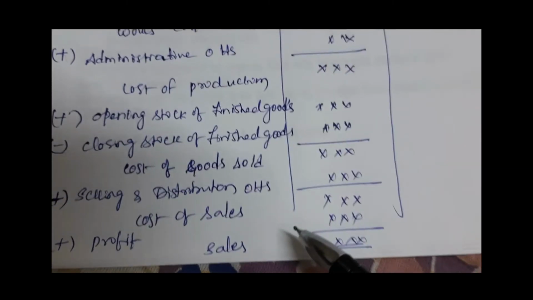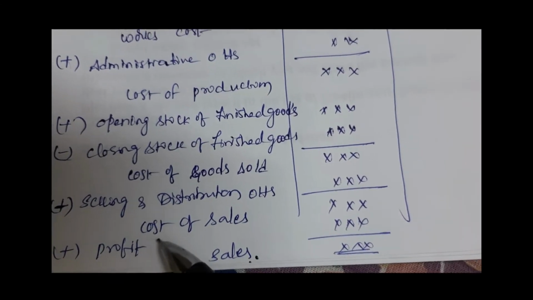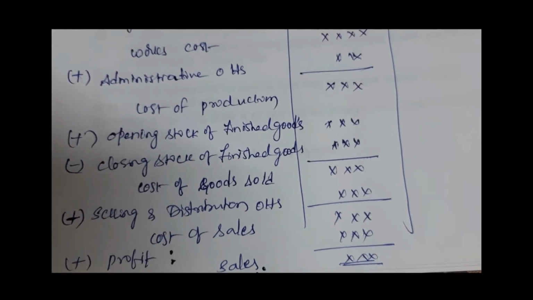Or if sales are given, you can deduct cost of sales from the sales so that you can get the profit. If total number of units produced or sold are given, then cost per unit can be calculated.